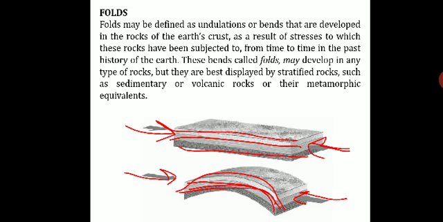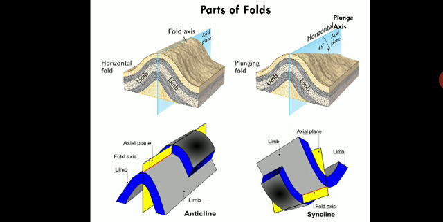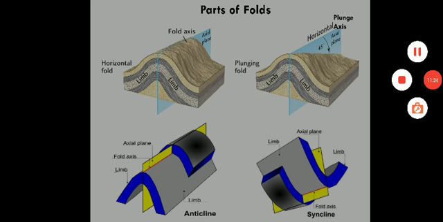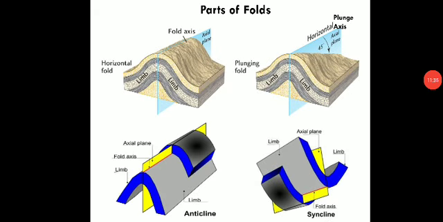Now let us discuss the different parts of a fold. These folds may be of different shapes and different sizes. Laterally they may extend for several kilometers, and there are folds which are hardly a few meters or even a few centimeters. Very small to very big folds are present on the earth.